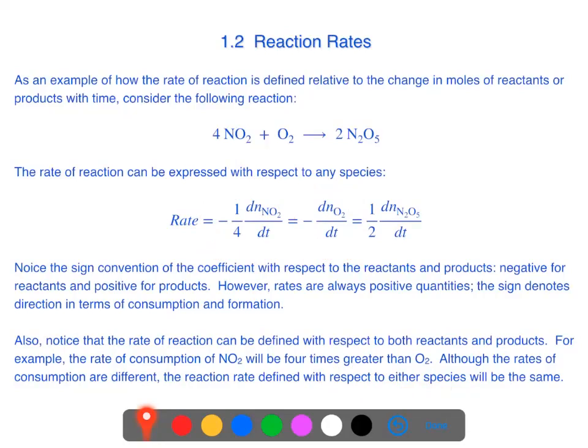Also notice that the rate of reaction can be defined with respect to both reactants and products. For example, the rate of consumption of NO2 will be 4 times greater than that of O2. Although the rates of consumption are different, the reaction rate defined with respect to either species will be the same.